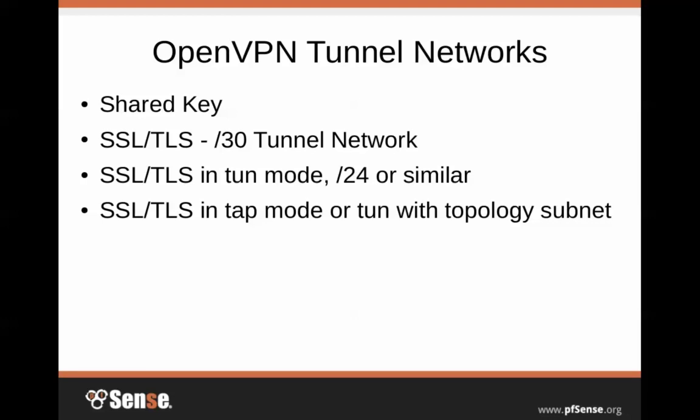And then there's SSL/TLS in tun mode with a /24 or similar. That's typically what you see on a site-to-site or remote access type VPN. And SSL/TLS in tap mode or tun with topology subnet, what that lets you do is a little bit fancier, and I'll go into detail on these right now.